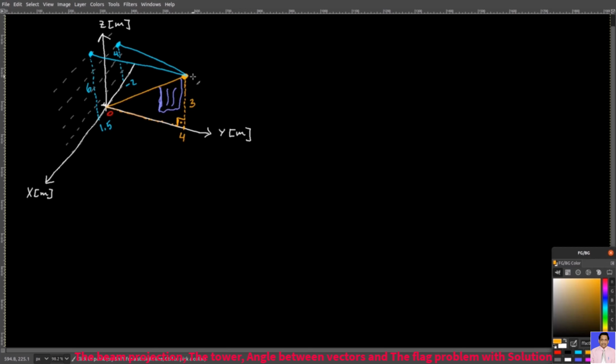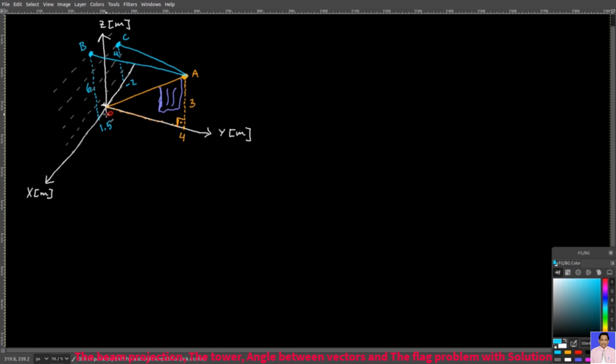We can call this point here A, then this point B, and this point C. So in order to go from O till A, you have to go 4 meters in the positive Y direction, and then 3 meters in the positive Z direction. In order to go from O till B, you have to go 1.5 meters in the positive X direction, and then 6 meters in the positive Z direction.